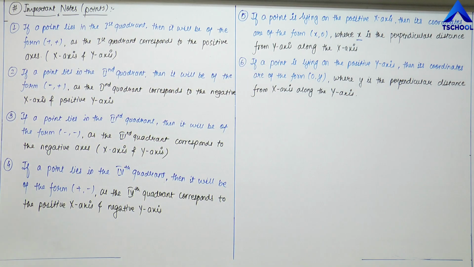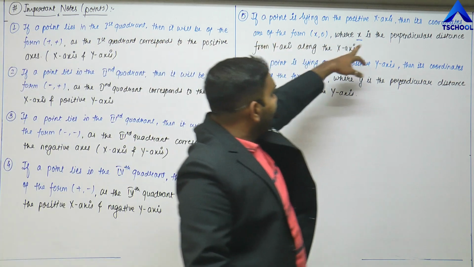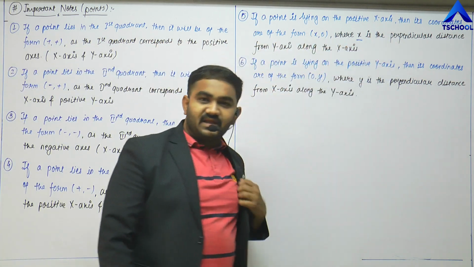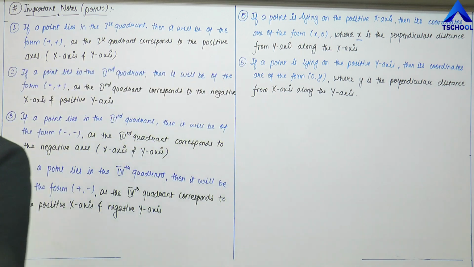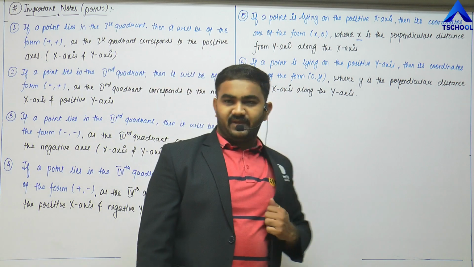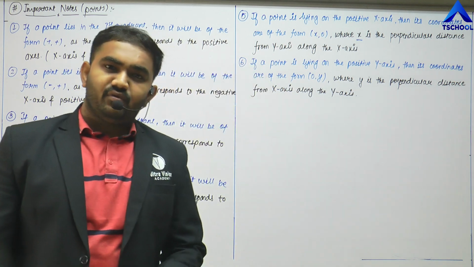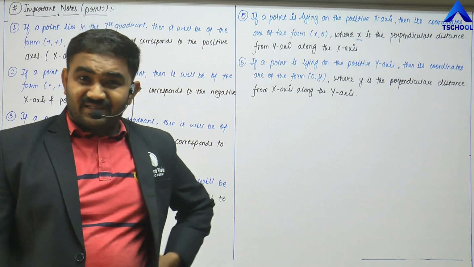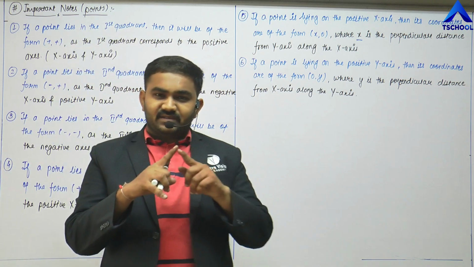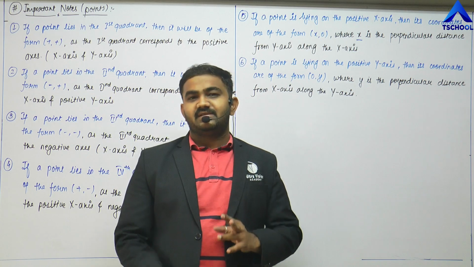Right? Again, see friends, this is going vice versa. If a point is lying on the x-axis, then its coordinates are x comma 0, and if a point is lying on the y-axis, then its coordinates are 0 comma y. Note that friends, whenever you have a point lying on the x-axis, its opposite coordinate is 0.